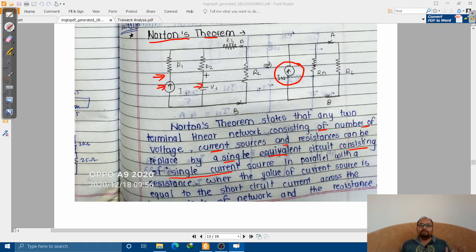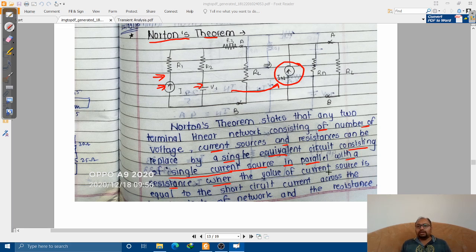This circuit will be simplified so that it consists of only a single current source and a parallel resistance, that is Rn, the Norton's equivalent resistance.